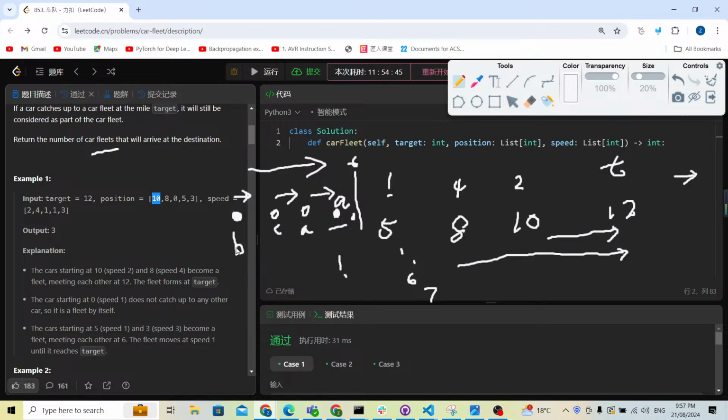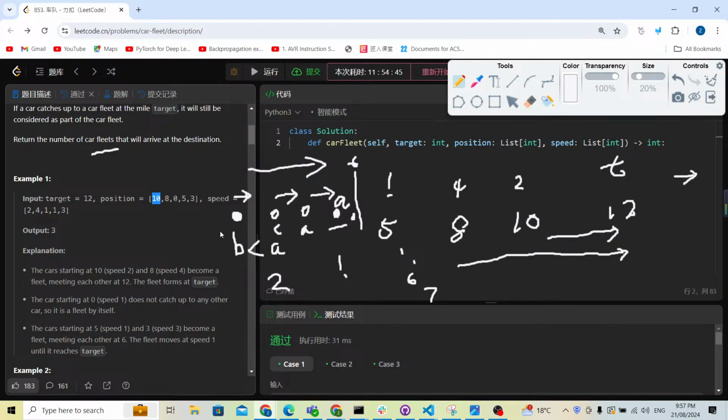But if the speed of B is less than A, it means it's never going to merge with this car, and it's going to become two fleets.